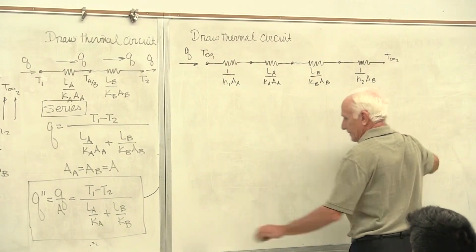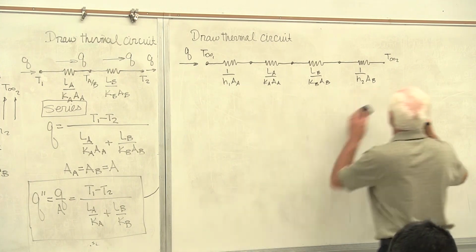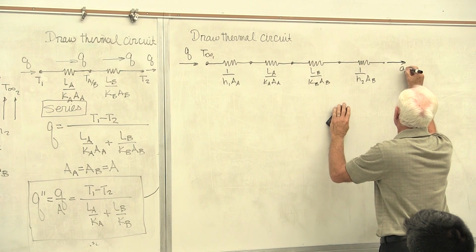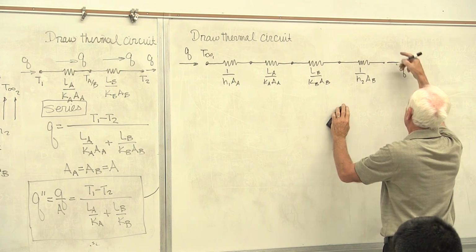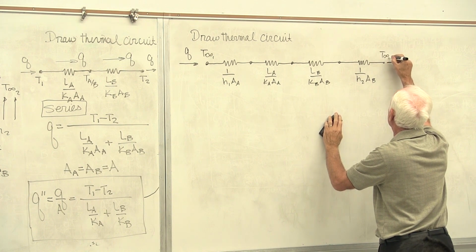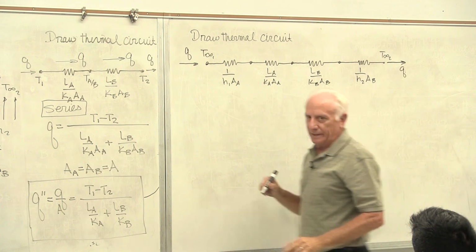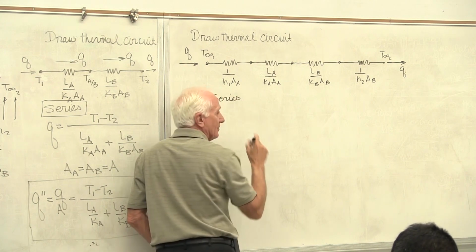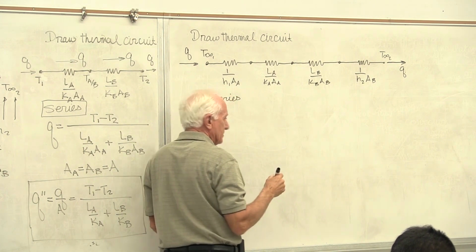And we have the heat coming in, Q, and because of steady state, no generation, the heat that goes out is the same as the heat that comes in. Again, it's a series path. That means I add the resistances together to get the equivalent resistance.